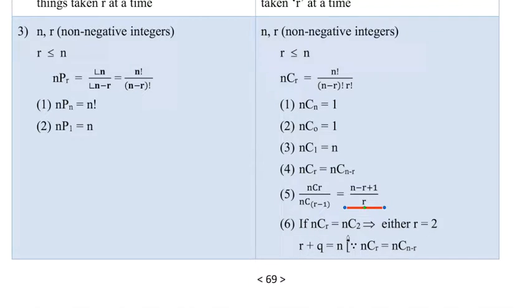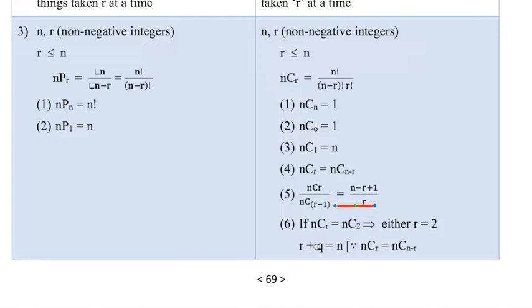If nCr equal to nC2, either r equal to 2 or n minus r equal to 2, or n equal to r plus 2.